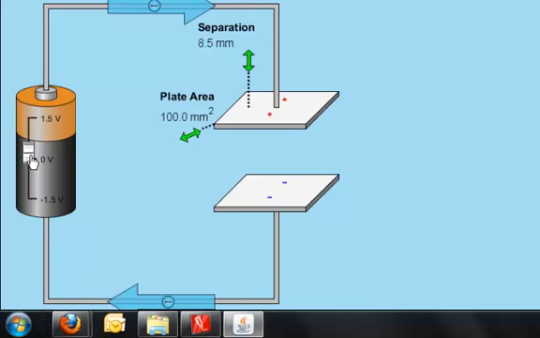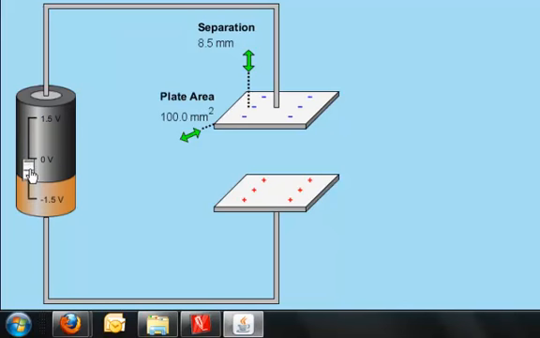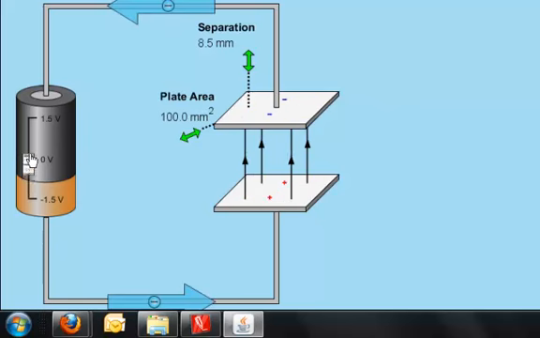I'm moving the voltage, and you can see that charge appears on the plates. A uniform electric field appears between the plates of a parallel plate capacitor. We say the capacitor is charged when separation of charge has taken place, with just as much of one sign of charge appearing on one plate of the capacitor as the opposite sign of charge appears on the other.